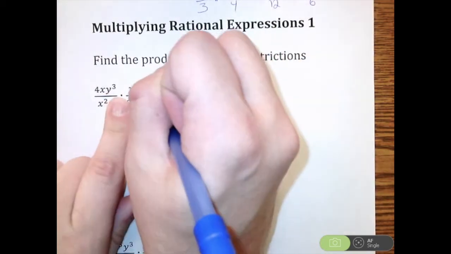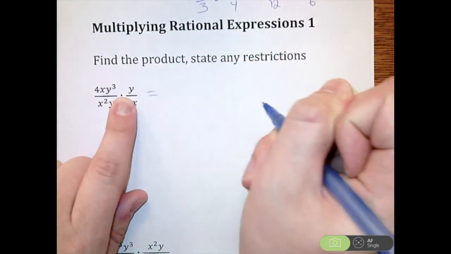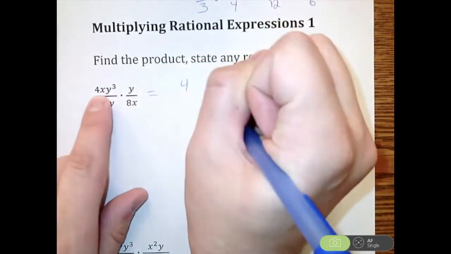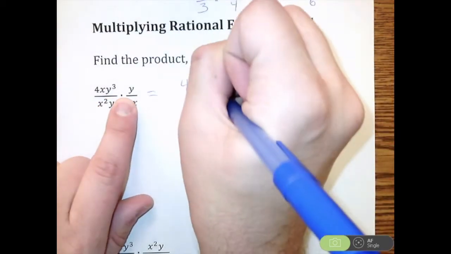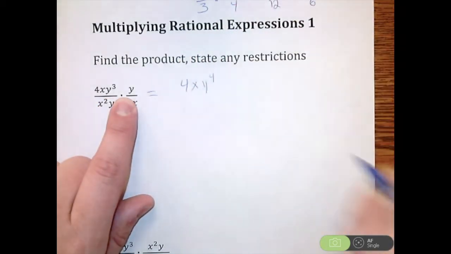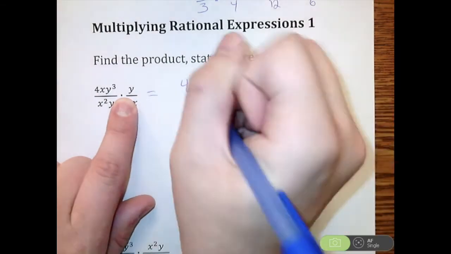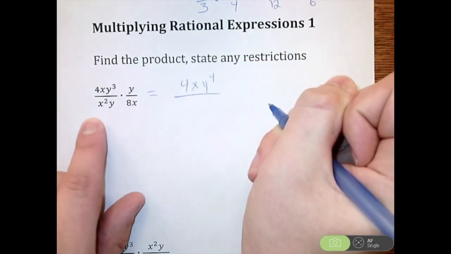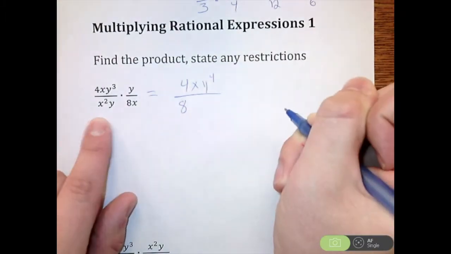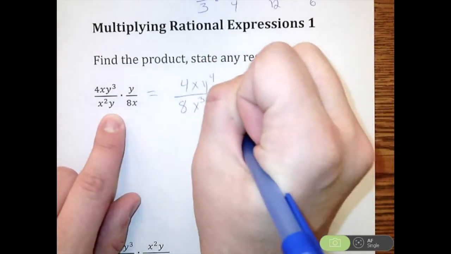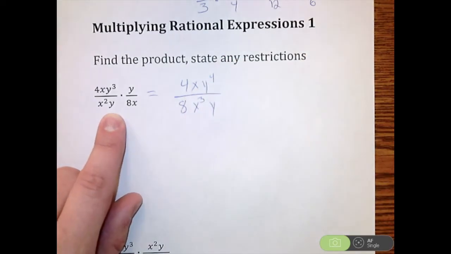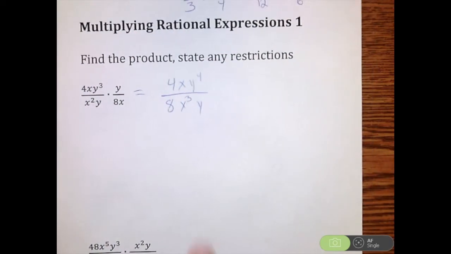So I have 4 times, well, over here would be like a 1, so I have 4, just have an x, y to the 3rd times a y becomes y to the 4th. On bottom, just have an 8, x squared times x is x cubed, and a y. So there's my setup, and now we're back to problems that hopefully at this point we know how to do.